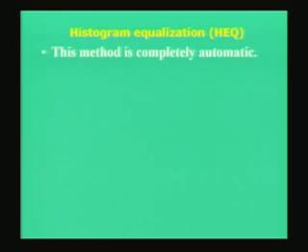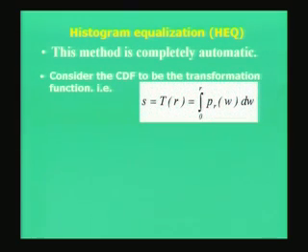So, what is histogram equalization? Well, the method is completely automatic. Even computing the histogram and performing histogram equalization, both are completely automatic. To perform histogram equalization, we must consider what is called the CDF, the cumulative distribution function, of the transformation function in this form.